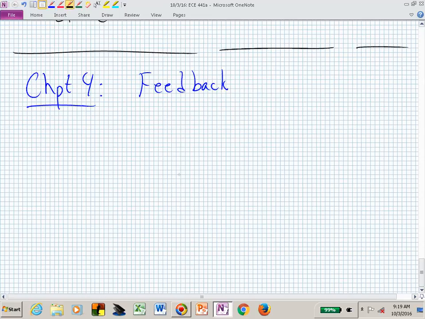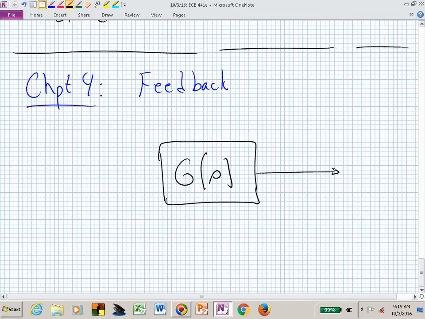The classical diagram for a controlled system might have this feed-forward block described by G of s, a summing junction. Here's our output Y of s. Here is our input, let's say a reference input R of s.